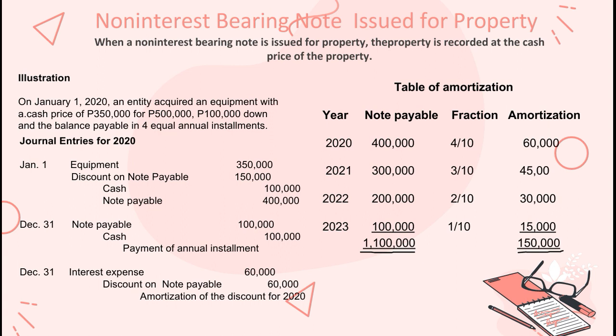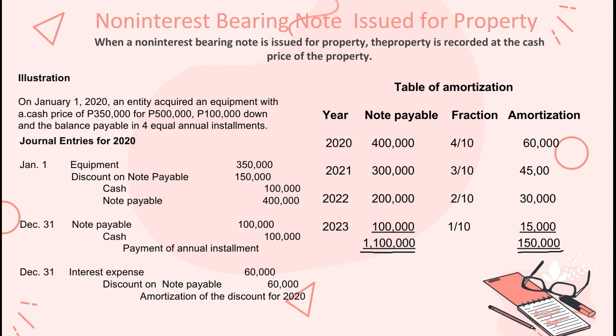Now, December 31 again, we have to recognize the interest expense. Okay, we have to amortize the discount. Okay, so yung discount na to is 150,000. Nganong 60,000 siya? Okay, so first, let's go to table of amortization.